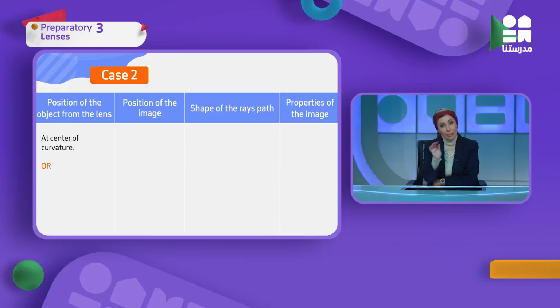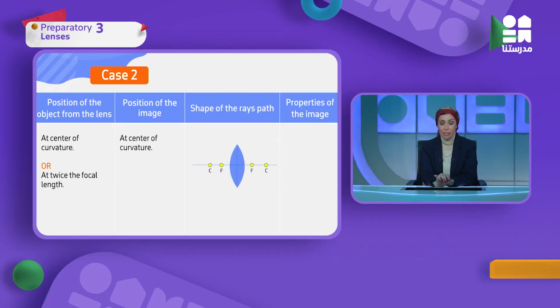Between the center of curvature and the focus. No, we will start at the center of curvature first. We come a little closer. So at the center of curvature, or can I use another way? At a distance double or twice the focal length. When I put it at the center of curvature, I put it at double the focal length. Why do I tell you both? Because in examples and problems, they won't say it the easy way, they will give you different wording. So you have to know what is meant by double focal length. So I will put it at the center of curvature. Sometimes they give me numbers, we will practice later in the revision on types of questions.